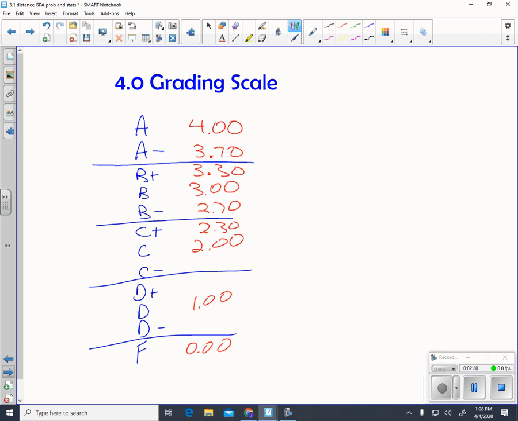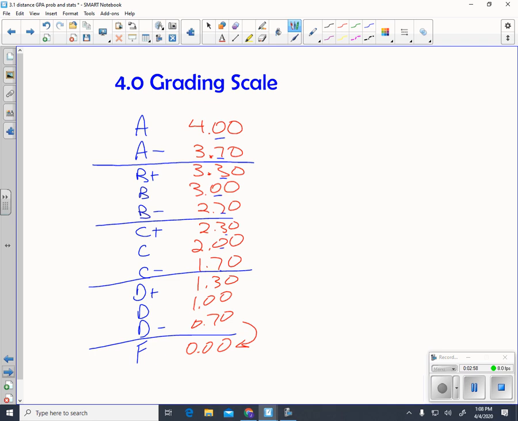And then a C minus is 1.7. D plus is 1.3. You see the pattern there? And then a D minus is 0.7. And then the pattern kind of falls apart right here because there's no such thing as an F plus. But there's a pattern here in that when you look at this, it goes 0.7, 0.3, 0.7, 0.3, 0.7, 0.3.